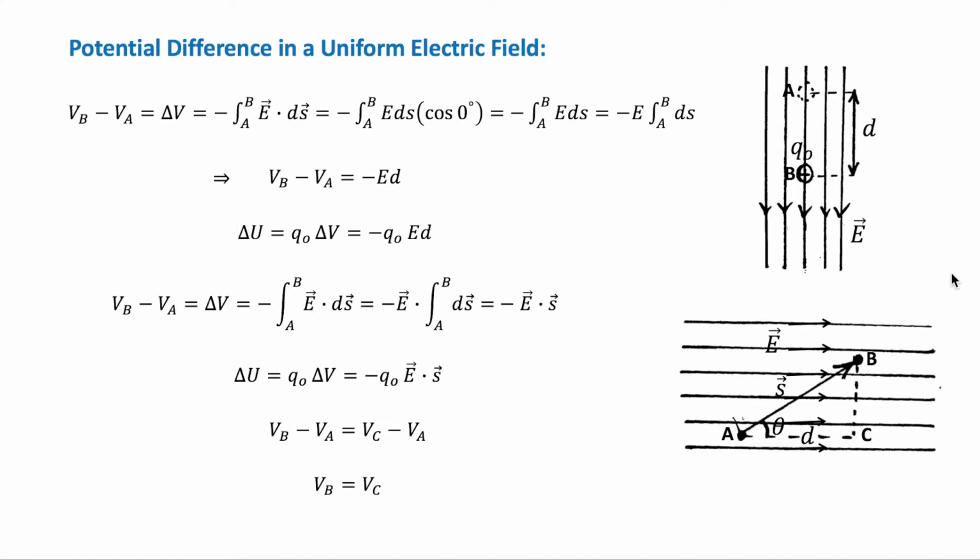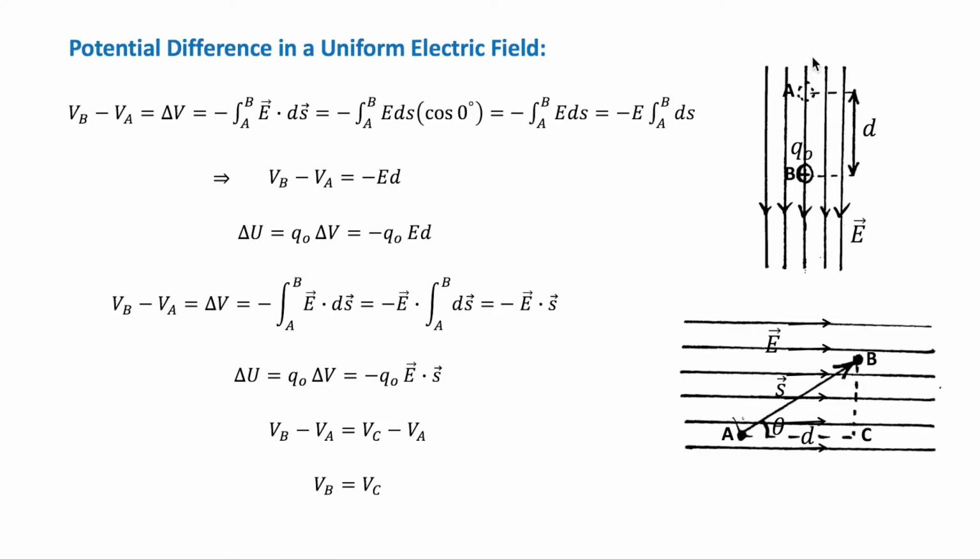So any gain in kinetic energy is associated with a decrease in the potential energy of the system and vice versa. So now imagine this test charge is negative, okay? In that case, if we release it from rest, it will accelerate in the direction opposite to the field, okay? This is its natural movement direction, because the electric field always points from the positive charge towards the negative charge.